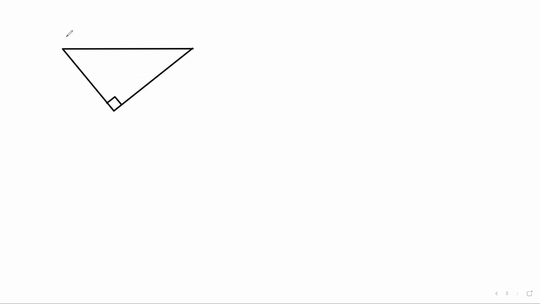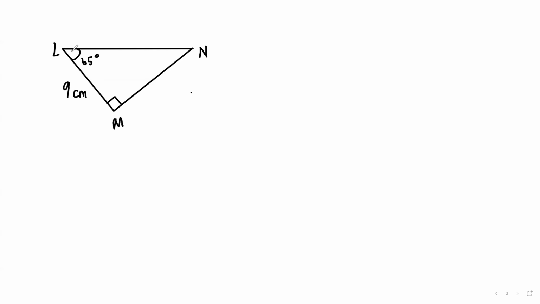Okay, so this triangle, let's say this side is M, and this side is N, and this side is L, and this side is 9 centimeters. And this angle here is 65 degrees.